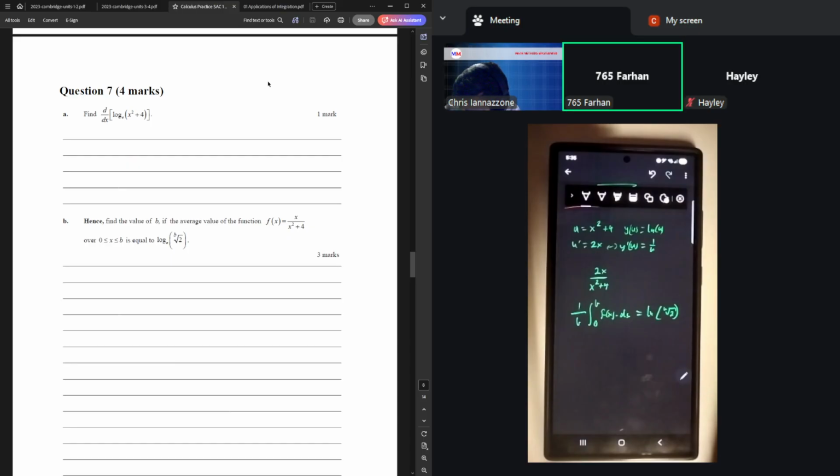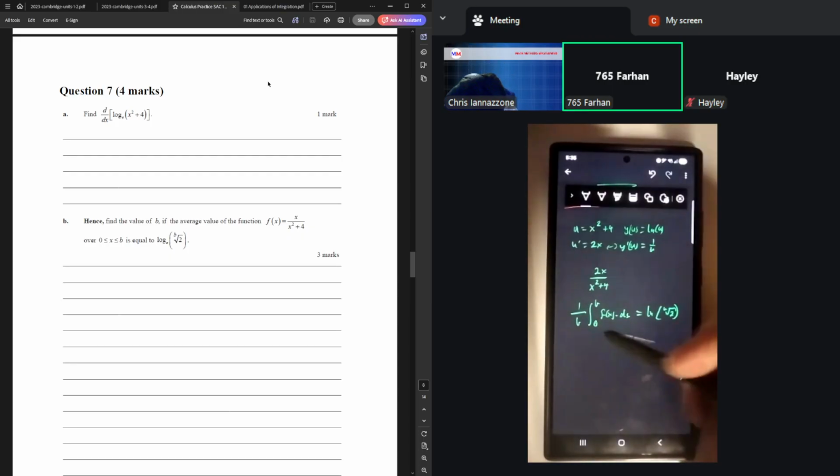Do we just solve it like a normal integral? We can try, however, one of the things we're going to notice is f of x is a division of two functions, and we don't really have like a quotient rule equivalent for integrals.